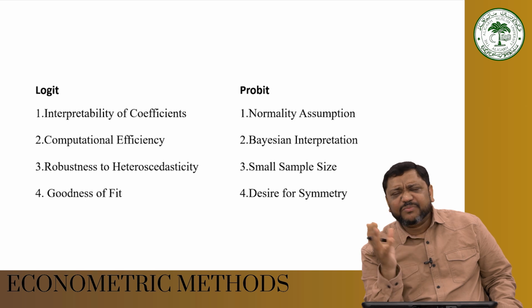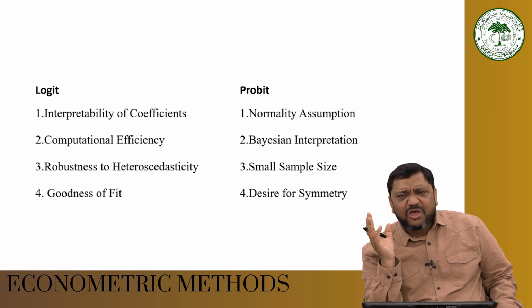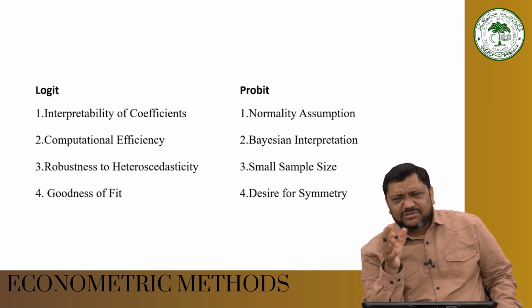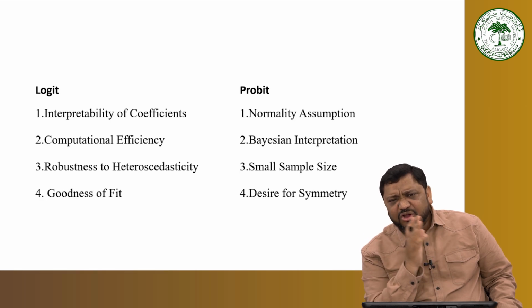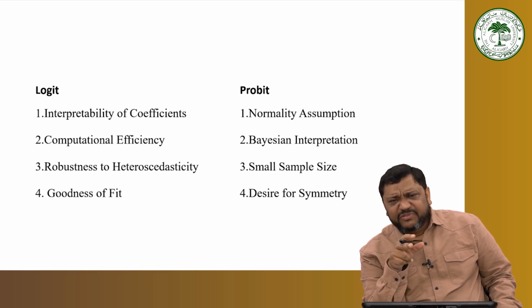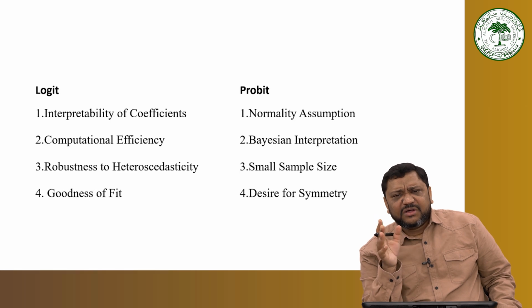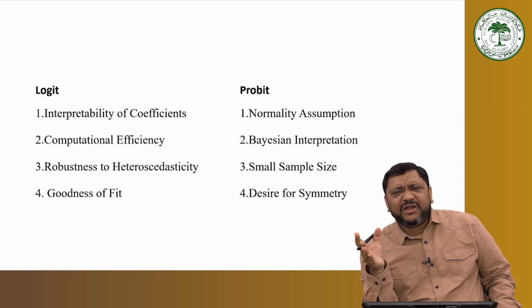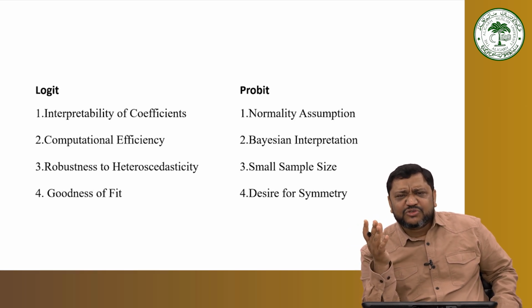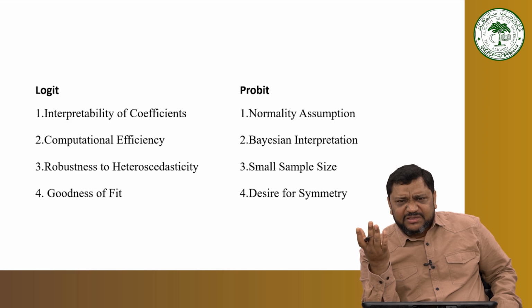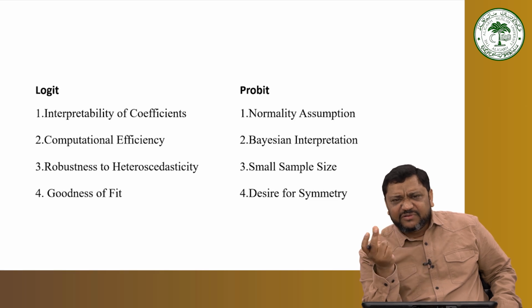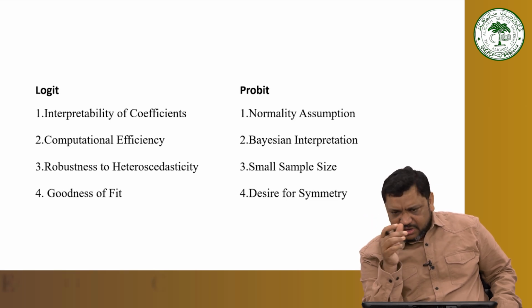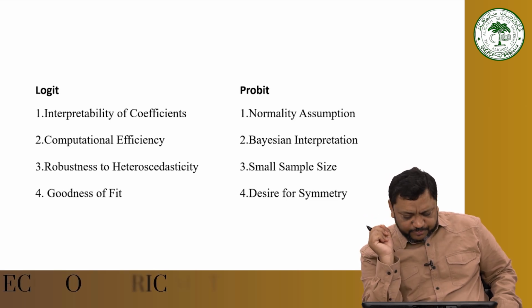The probit model is just similar to the logit model, only here we are using a standard normal distribution, and there we are using a logistic distribution. Both of them are S-shaped, fine. Probit is more helpful when you are sure that the data has a normal distribution, and it is also better than logit if your sample size is small, and there are a few other characteristics also.